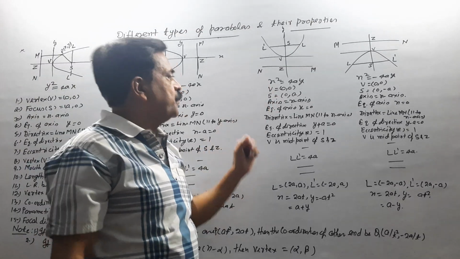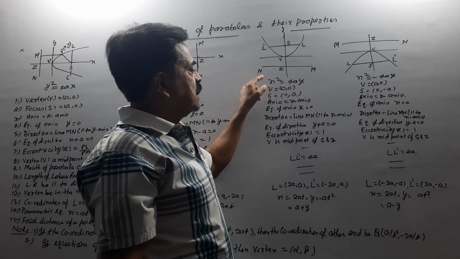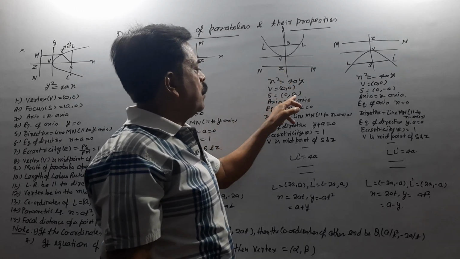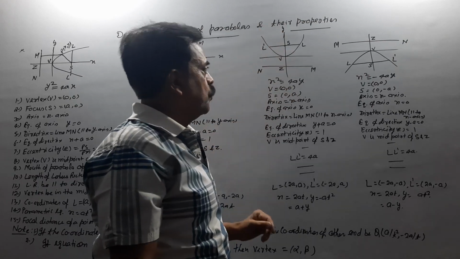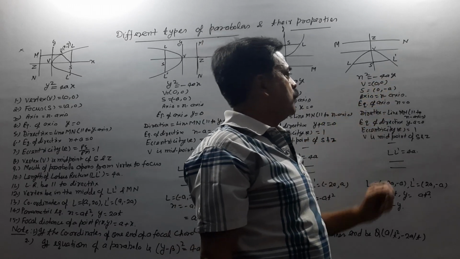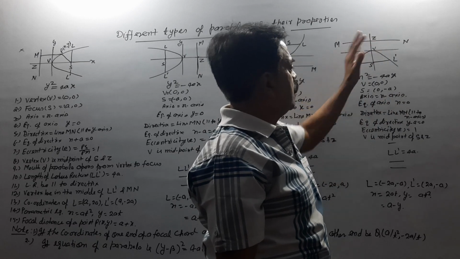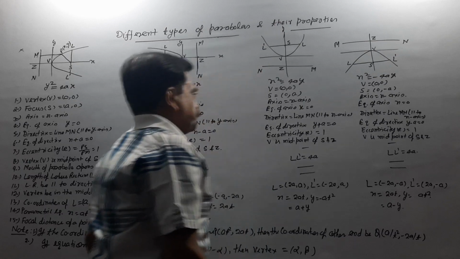In the third case, the equation of the parabola is x square equals 4ay, and the focus is 0 comma a, because this lies on the y-axis, and on the y-axis the x coordinate is 0. In the fourth case, the equation is x square equals minus 4ay, and the focus is 0 comma minus a, because this lies below the origin on the y-axis.